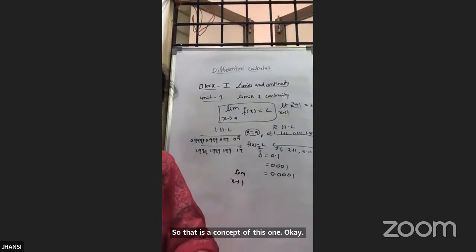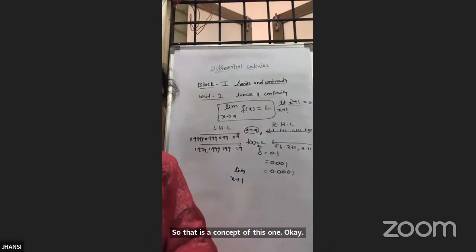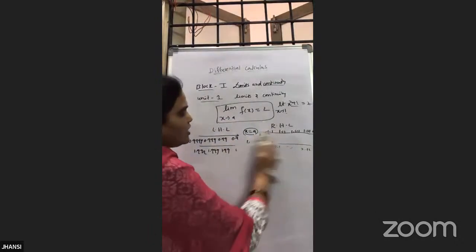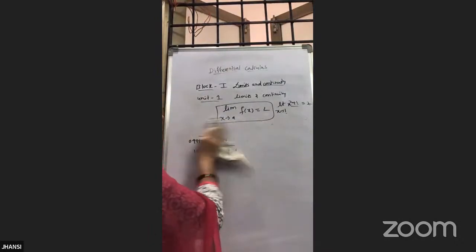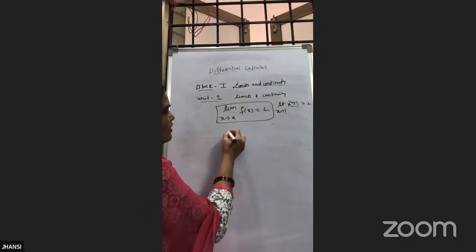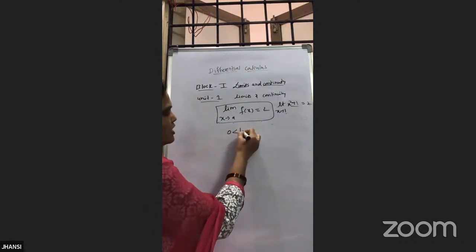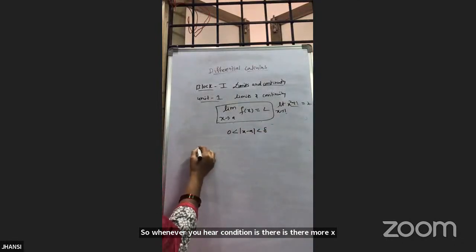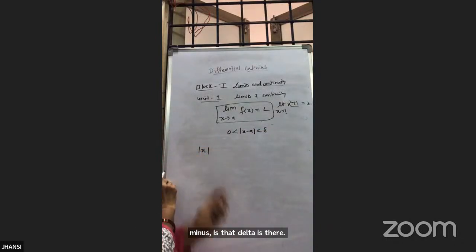Next, if you go to the main here, modulus is there, no? One thing you remember, for solving the problems, you will use some different formula. Standard limit definition will not be used. Whenever the condition 0 less than mod x minus a less than delta is there, you might know the modulus of a function.